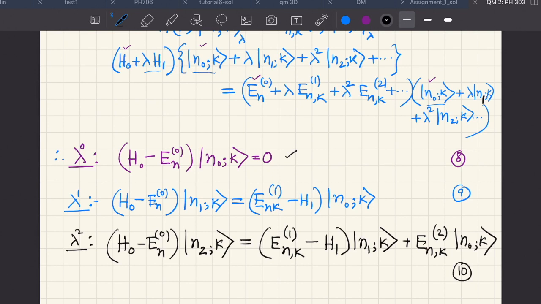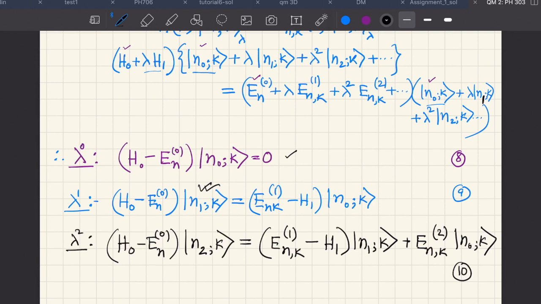Now our experience with the non-degenerate perturbation theory will be helpful to some extent, although something will not exactly be the same. Energy corrections may not be hard at first order to calculate, but calculating the state correction, that means calculating this n1k, is going to be difficult.